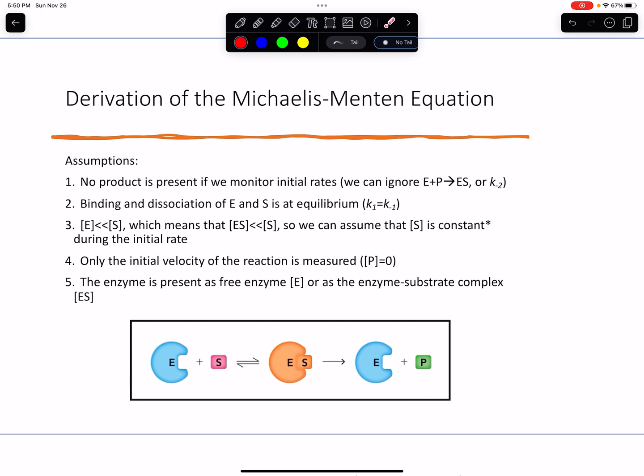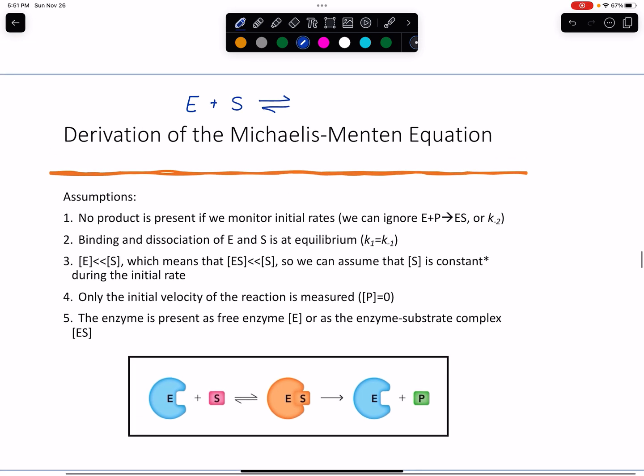So the derivation of the Michaelis-Menten equation starts from, again, our beginning point, which is a conceptual model. We're assuming that our molecules follow this picture: K1, K minus 1, and this is K2. These are little k's.